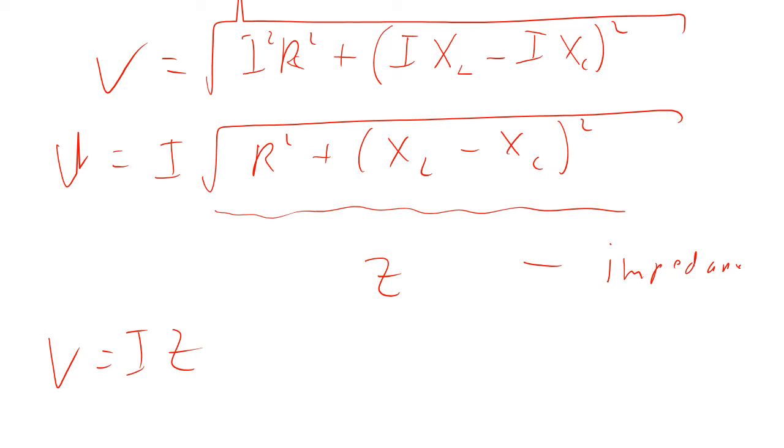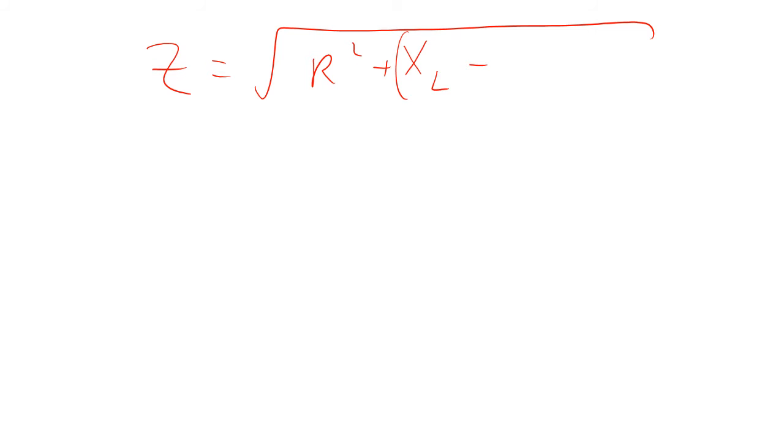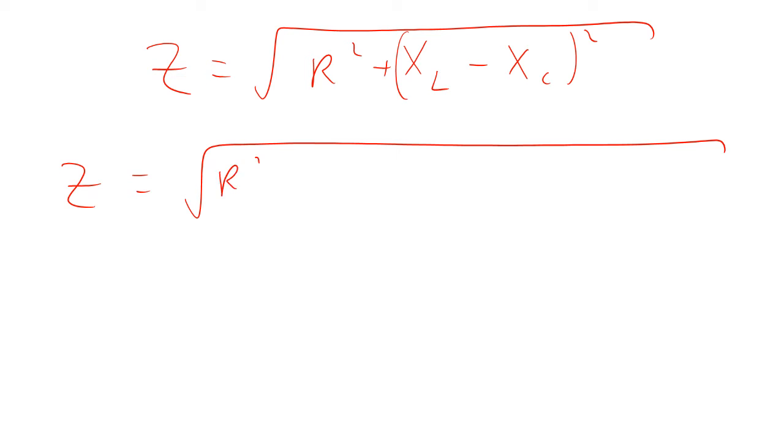And so that means that Z is going to be the square root of R squared plus XL minus XC squared. We could plug that in: R squared plus omega L minus 1 over omega C squared.